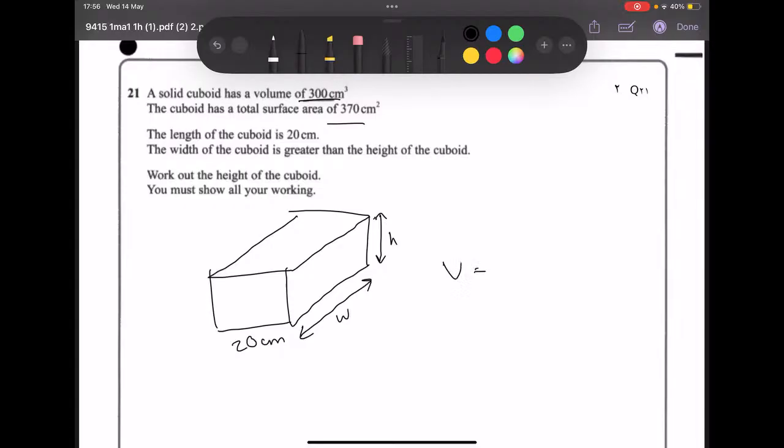Now the volume equals length times width times height. This would be 20 times by WH.